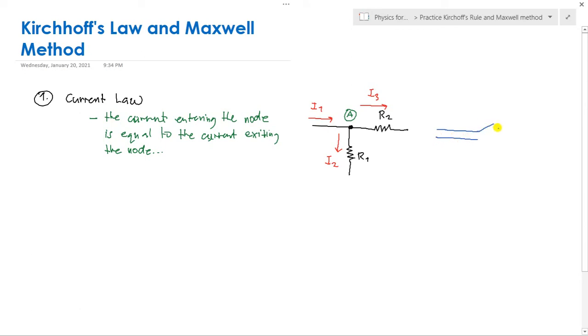Let's say this is a Y fitting. The pipe branches out and the flow splits in this direction and in this direction too. This fitting is similar to the node here, node A.